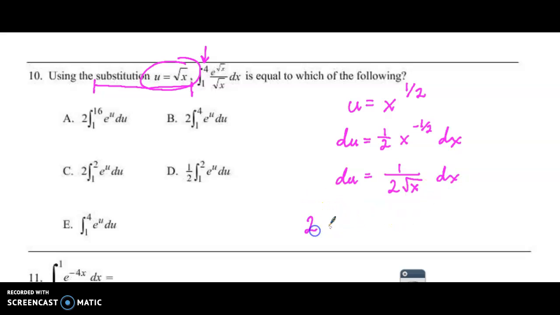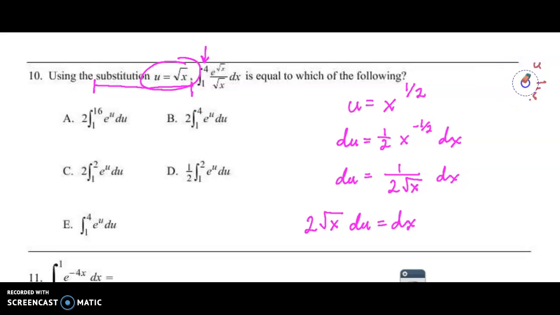So as I solve for dx, what we really are doing, multiplying that over. So as I look at this problem, it would make sense then that is equal to leaving e to the u over the square root of x. I did not give myself enough room.